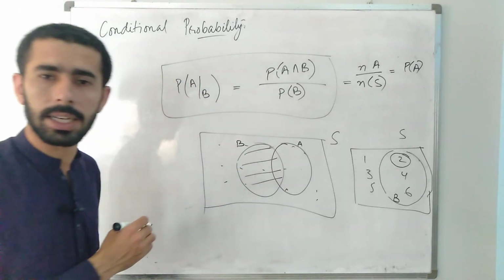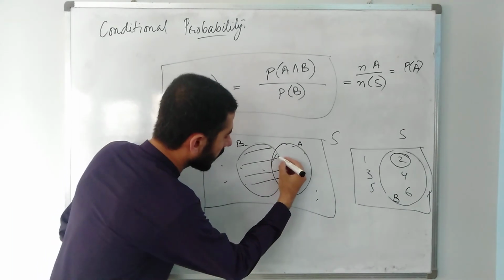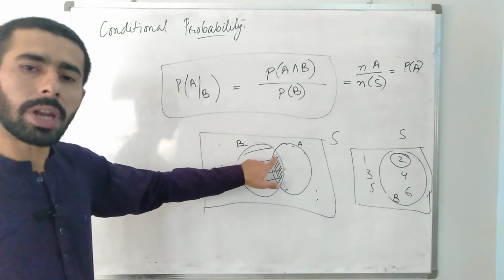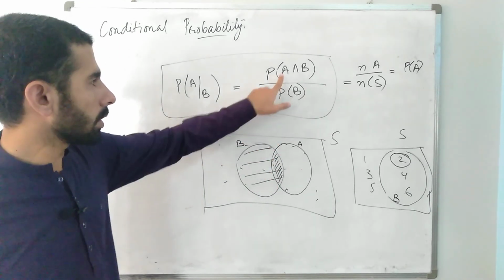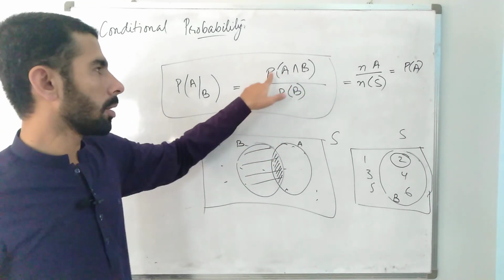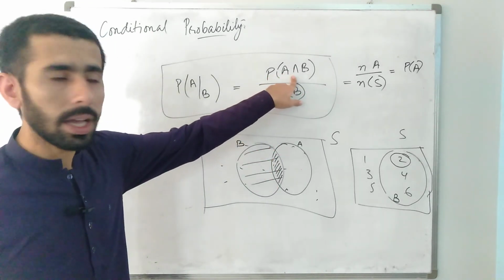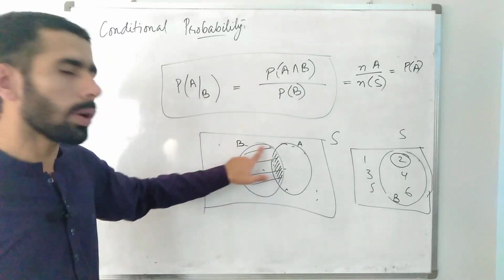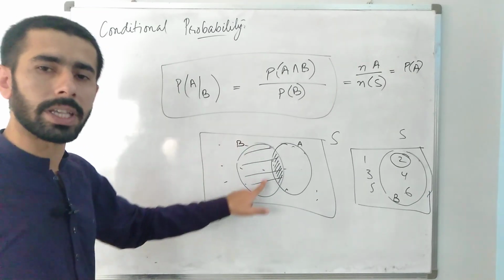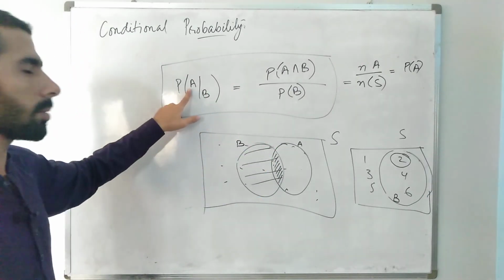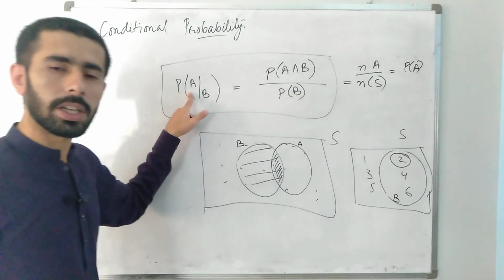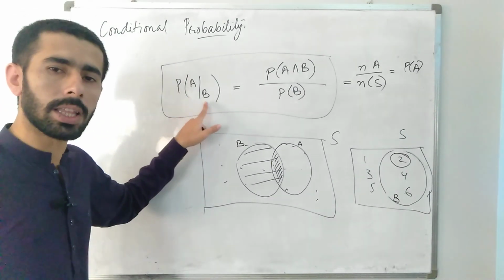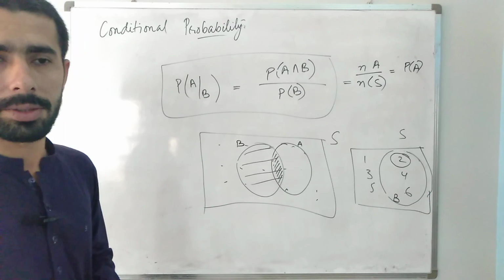I would see the chances of A being present inside B and divide those chances by the chances of B to occur, because my new sample space is B. So this would become the conditional probability of getting an event A when we know the condition that B event has already occurred.